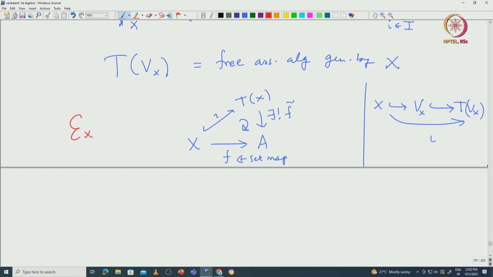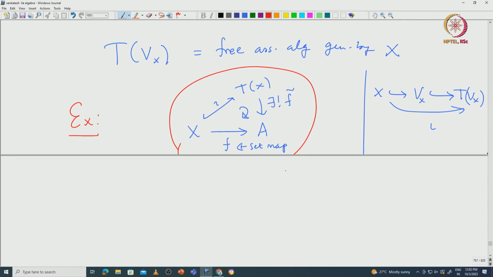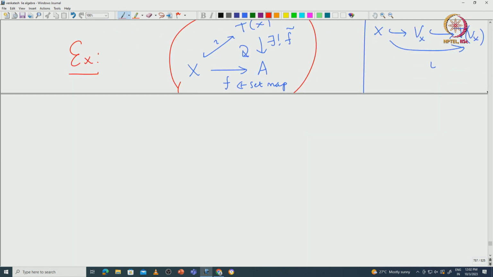One expects this universal property to hold, because T(V_X) is the largest associative algebra generated by capital X. That means there should not be any relations among elements of capital X, and that is why this property holds. Indeed, this is what motivates us to define the free Lie algebra. You take all possible monomials that come from these elements of capital X and then take the span of that. So that is your free associative algebra.